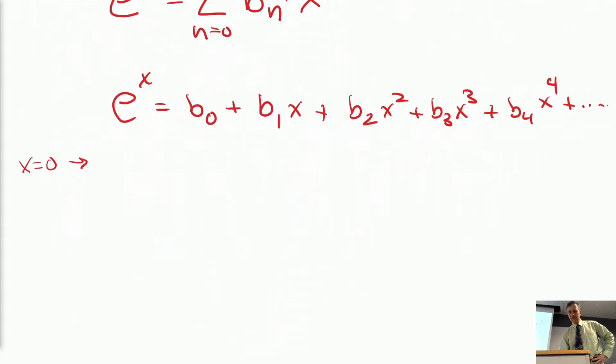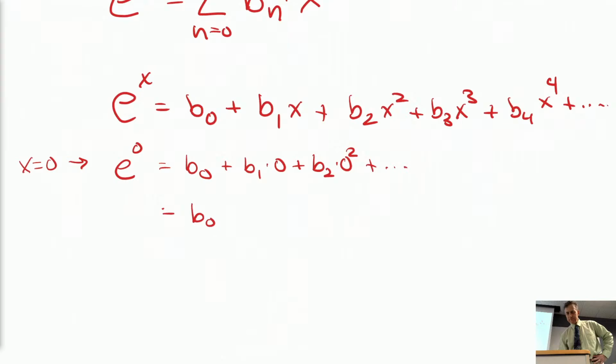So when you put x equals 0 in here, you get e to the 0 is equal to b0 plus b1 times 0 plus b2 times 0 squared, and so on. Which means that b0 is equal to 1. How easy is that? Okay, maybe it's not that easy, but you've got your answer there.